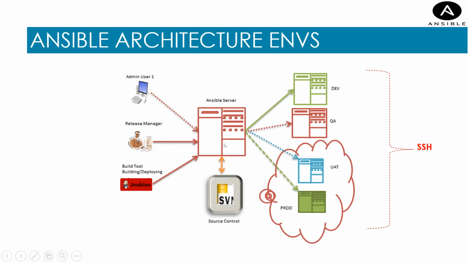On the basis of the inventory configuration, the deployment or configuration is performed in the development environment, QA environment, on premises, or in UAT or prod in a cloud environment with the help of SSH. We will talk about this in dedicated lectures in more detail.